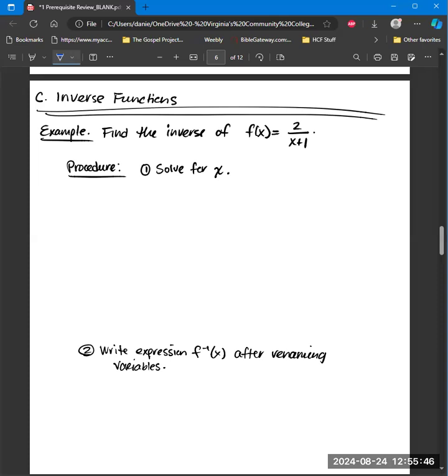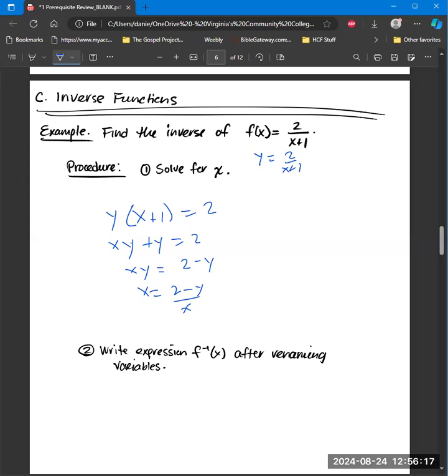When I replace this with y, y times x plus 1 equals 2. xy plus y equals 2. xy equals 2 minus y. And x equals 2 minus y over y, like that.